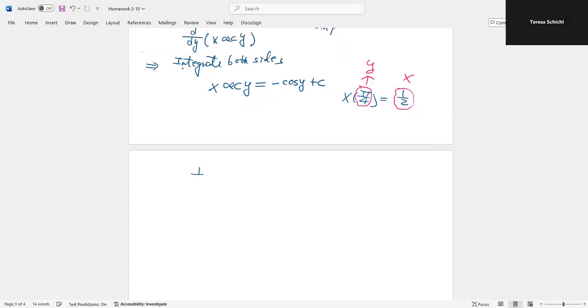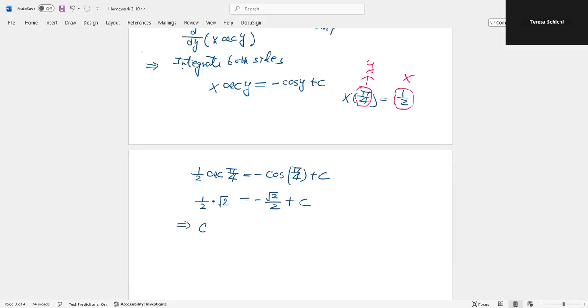So this is 1/2 cosecant pi over 4 equal to negative cosine pi over 4 plus c. The sine of pi over 4 is the square root of 2 over 2, but the cosecant is the reciprocal, so this will be 1/2 times the square root of 2. Then the cosine will be negative square root of 2 over 2 because of the negative sign, plus c.